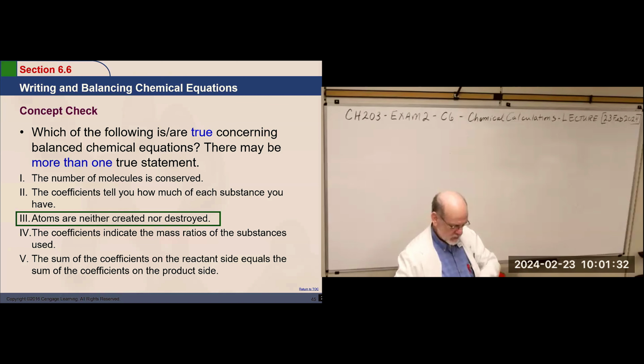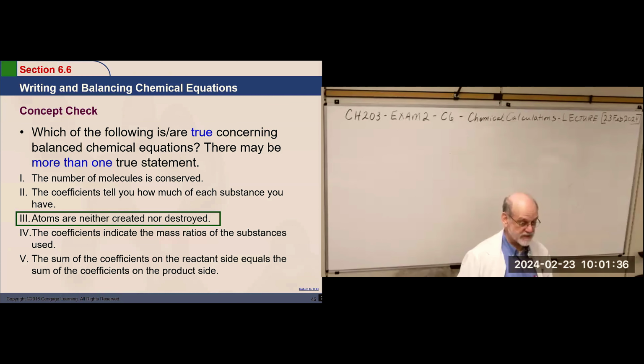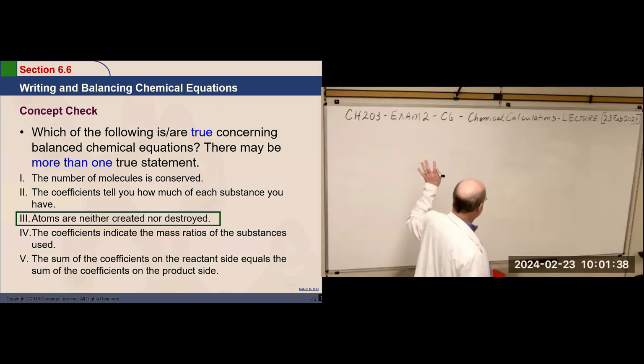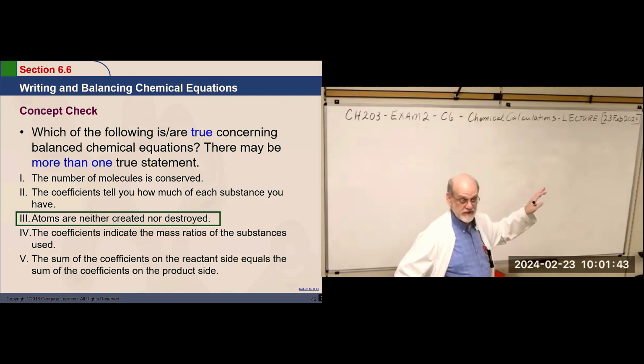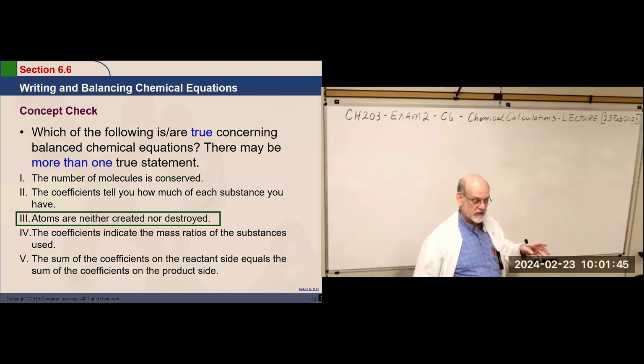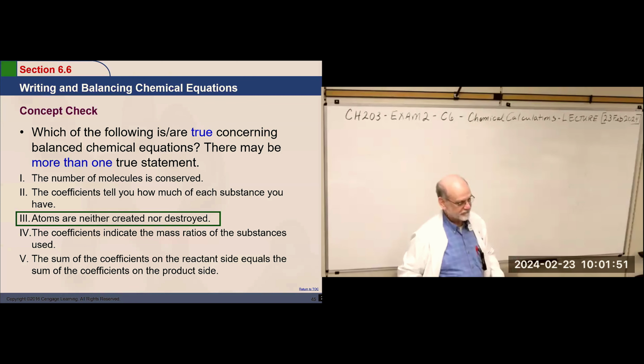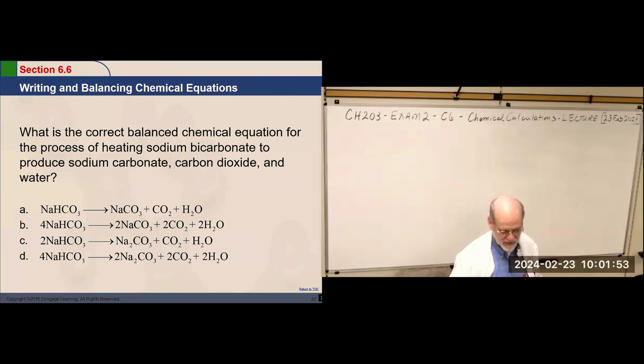And that leads us to Lavoisier's law of conservation of mass, right? The mass of reactants equals the mass of products. And the reason it's that way is because John Dalton said, you can't destroy atoms, you can't create atoms, you just rearrange them. That's the only true one in that bunch.